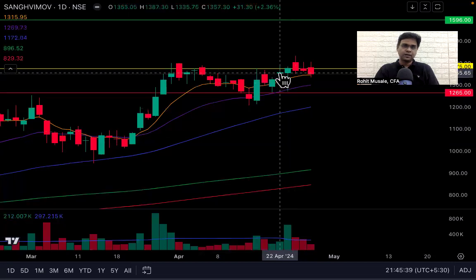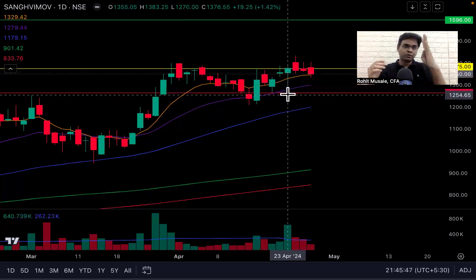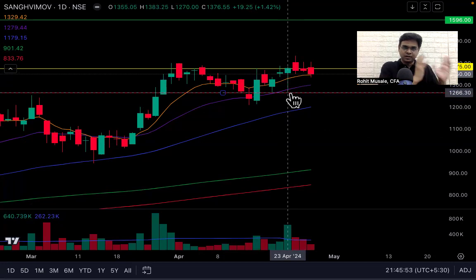And imagine if I had not removed my position and the stock had taken out my stop loss the next day, my loss would have been 4%, right? The stop loss is 8% on full position, but since I have taken half position, my total loss is 4%, on normal position, right? So that would have been a big loss for me.